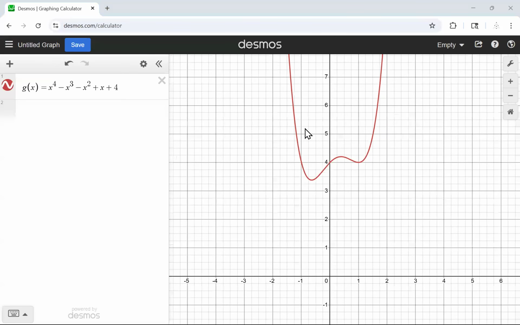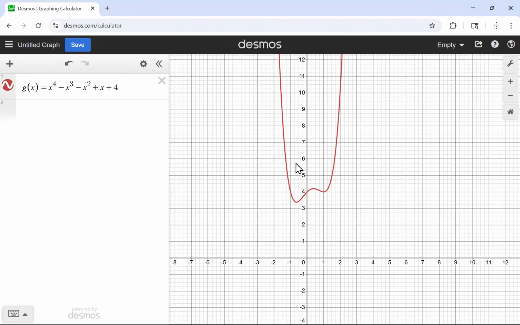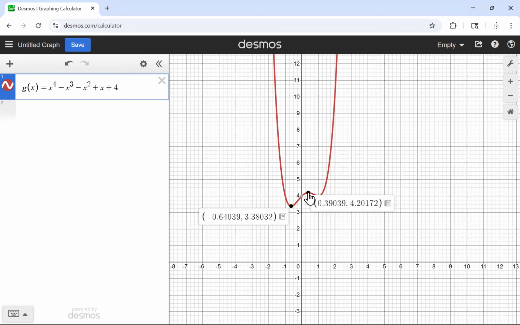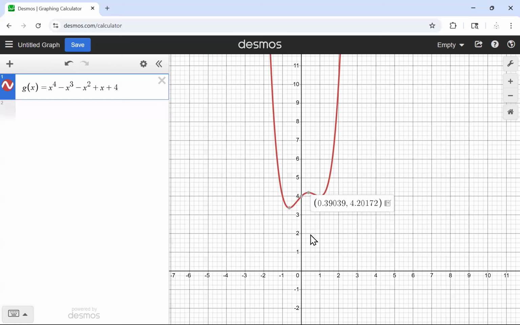Now let's take a look at the intervals where this function is decreasing and increasing. So it looks like from negative infinity down to this bottom point here, the function is decreasing. And then it starts increasing again till it hits this point right here.